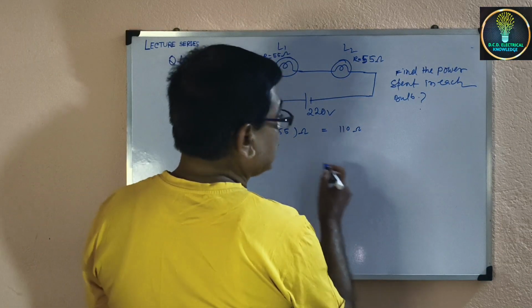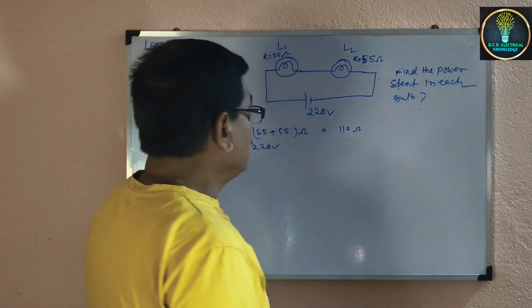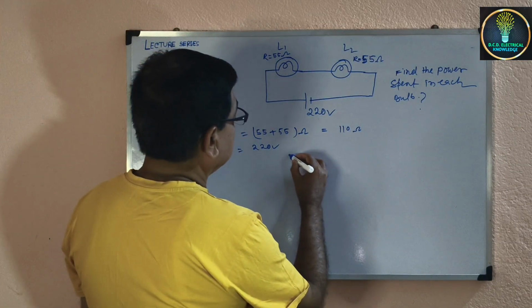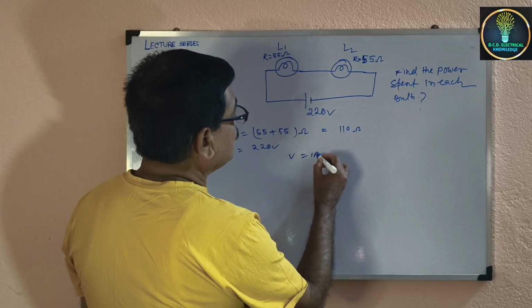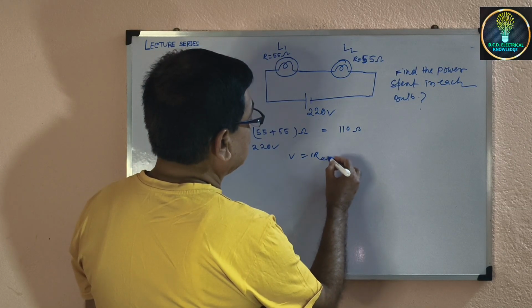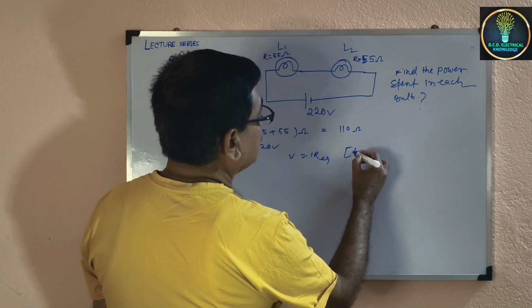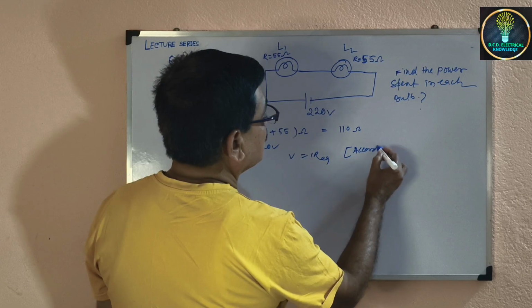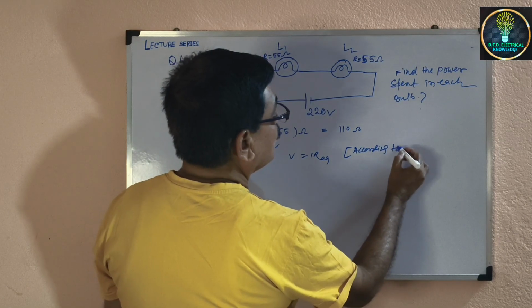According to Ohm's law, we can write V is equal to I into R equivalent.